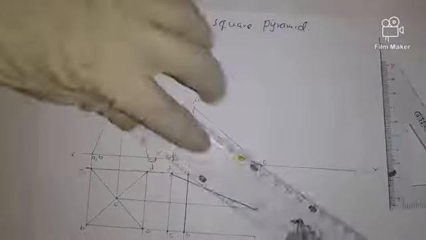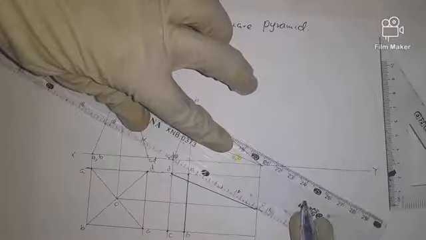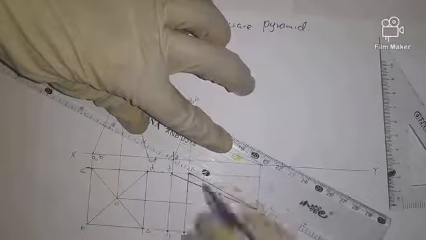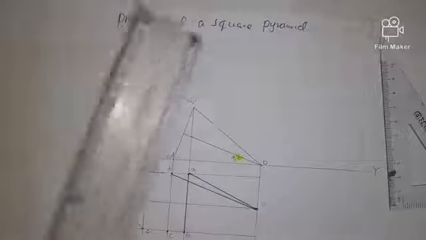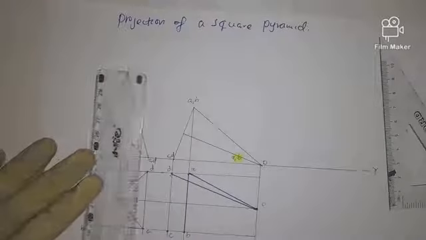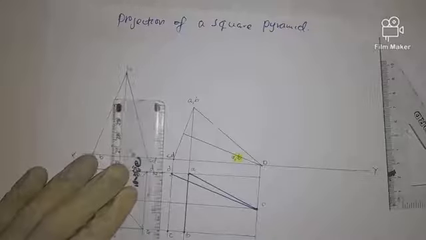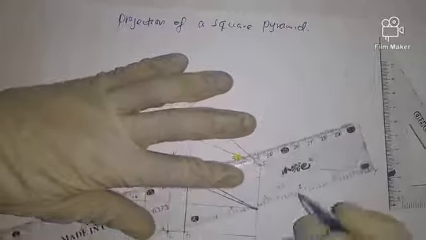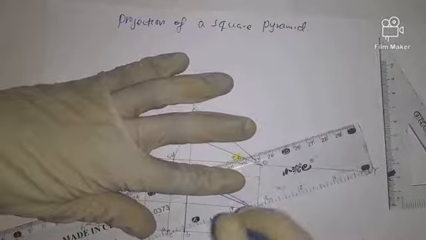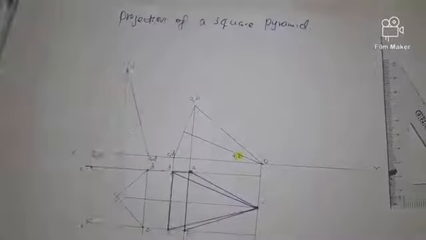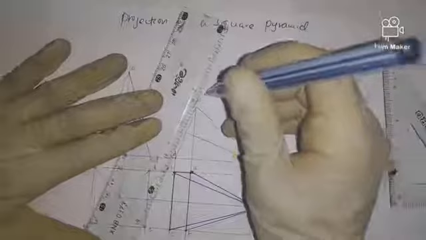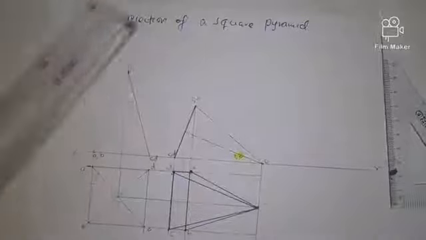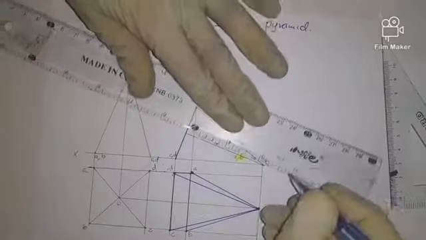We shall have this. Then, and now this one is going to join so that it comes, but this other one will be a hidden line, it will not be visible.